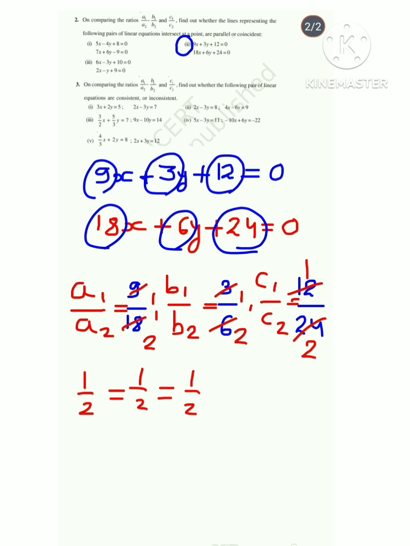So simply this ratio represents A1 by A2 equal to B1 by B2 equal to C1 by C2. And as we know, in these conditions the lines are coincident.